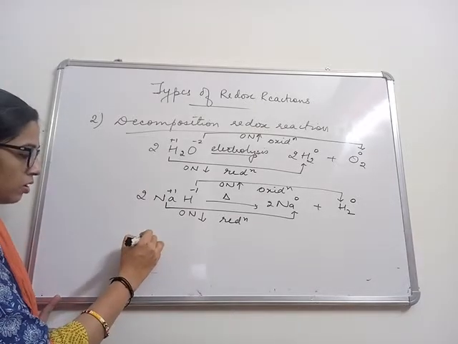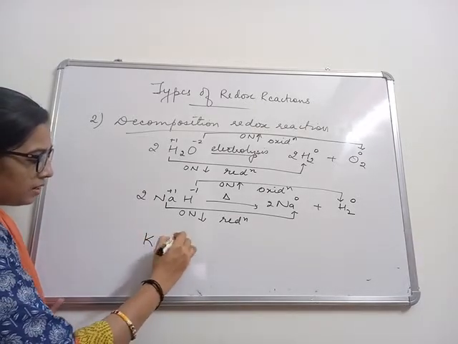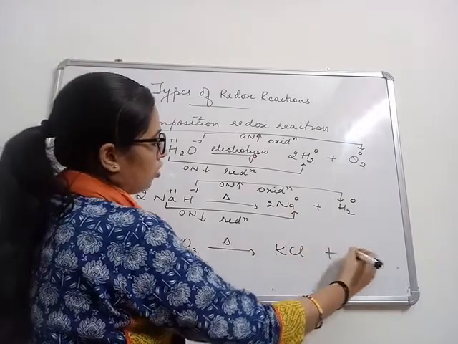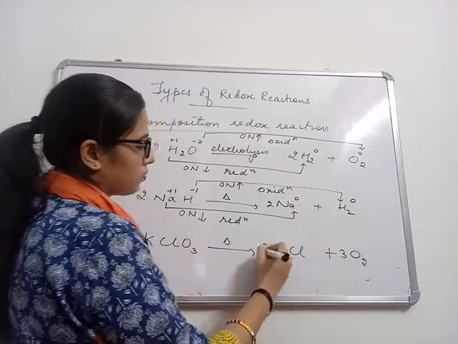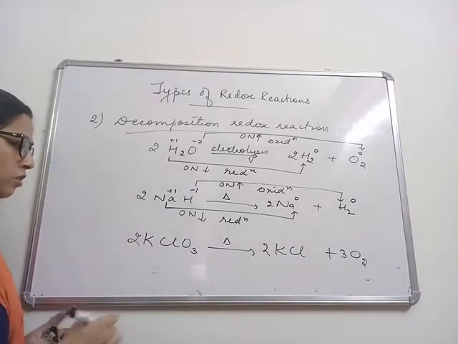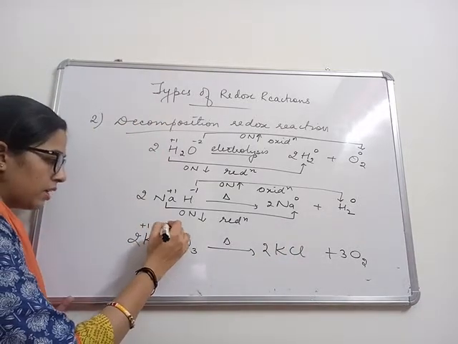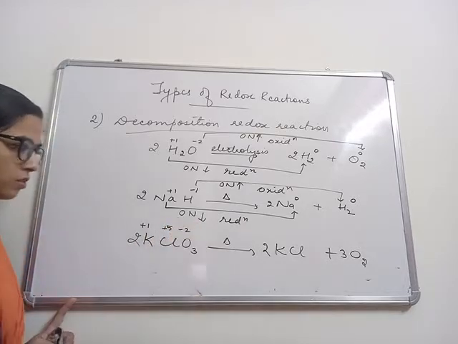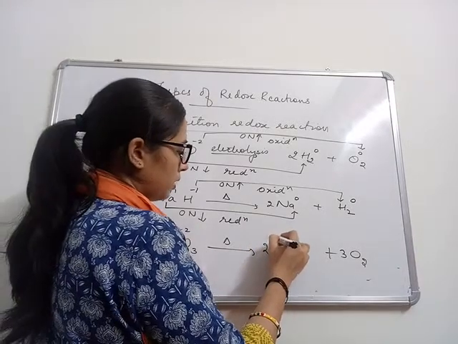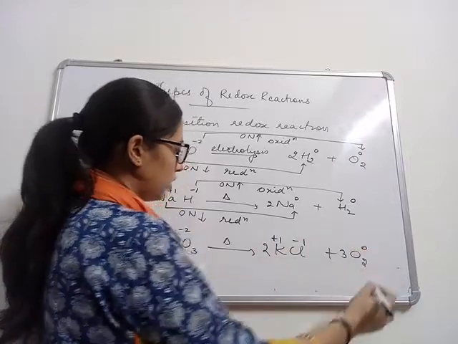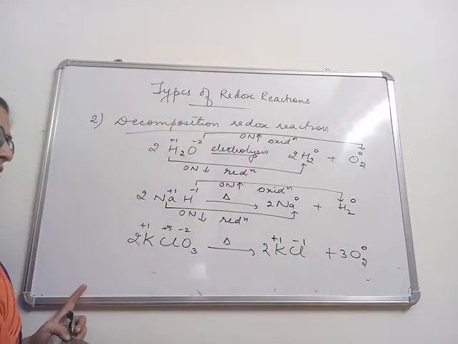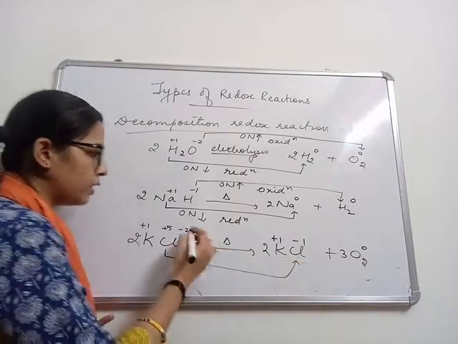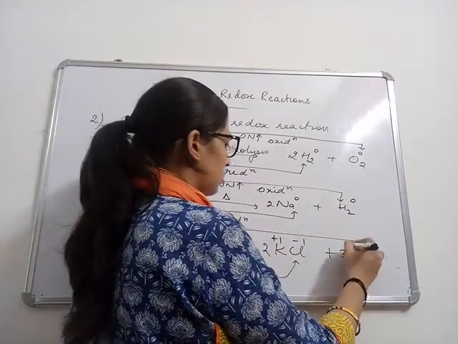Another example is potassium chlorate, KClO3. On heating it gives KCl and oxygen. So potassium is in +1 state; Cl you have to find out, it would be +5, oxygen -2. In KCl, K is +1, Cl is -1, oxygen 0. So K is the same in both states. Cl goes from +5 to -1 and oxygen goes from -2 to 0.